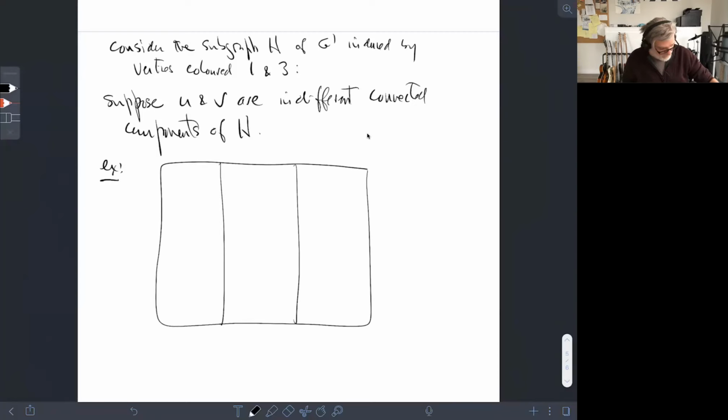So let's draw this like that. This is a planar graph. So there are vertices at all the intersections here.